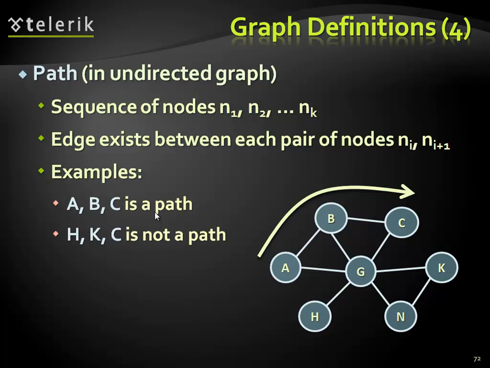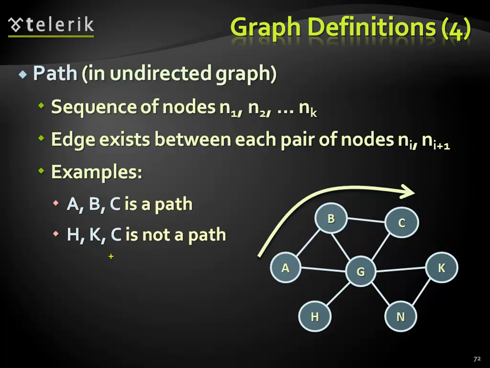What's a path? A path is a sequence of nodes, which is at least 3 or more. So this is a path, A, B, C. And a path is something in which edges exist, meaning that if there are connections between A, B, and C, and A, B, and C are 3 vertices total, that's a path.